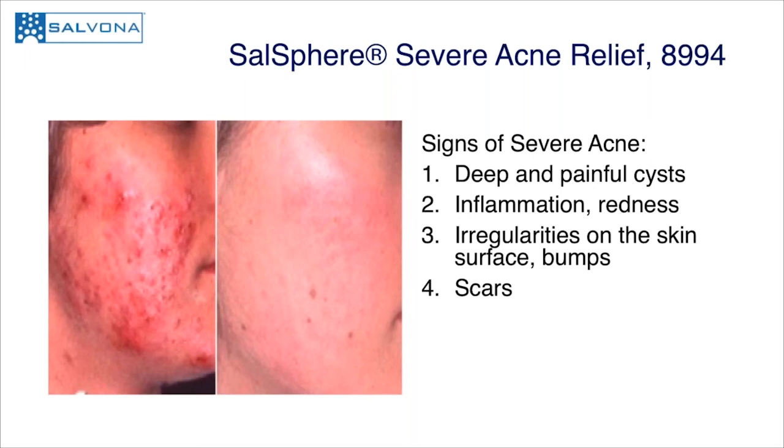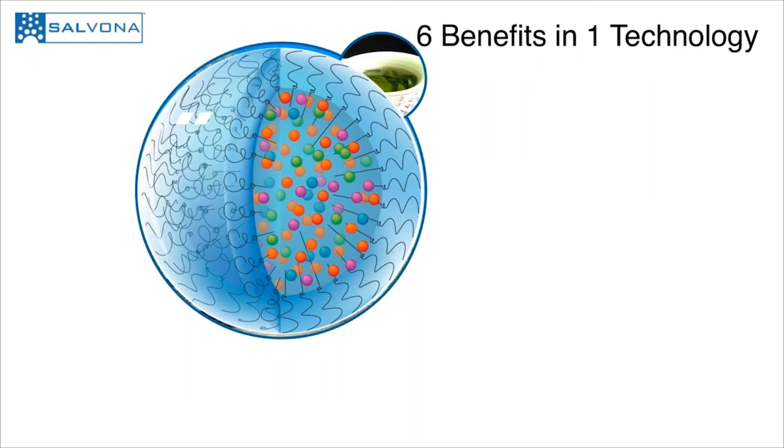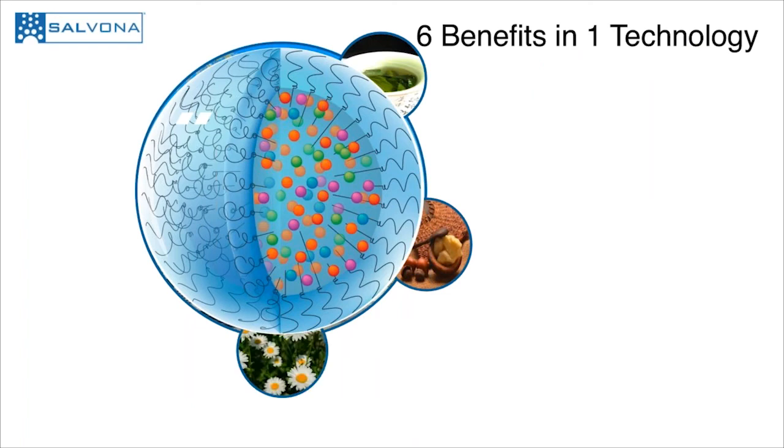The technology is based on providing 6 benefits all in one technology. The product contains different types of active ingredients, mostly natural ingredients, and they're all encapsulated to form SalSphere Severe Acne Relief.